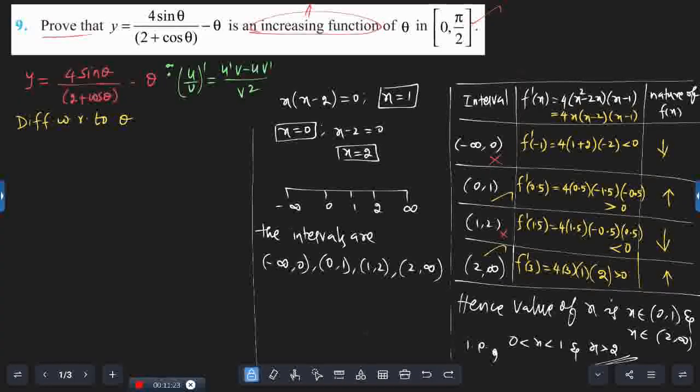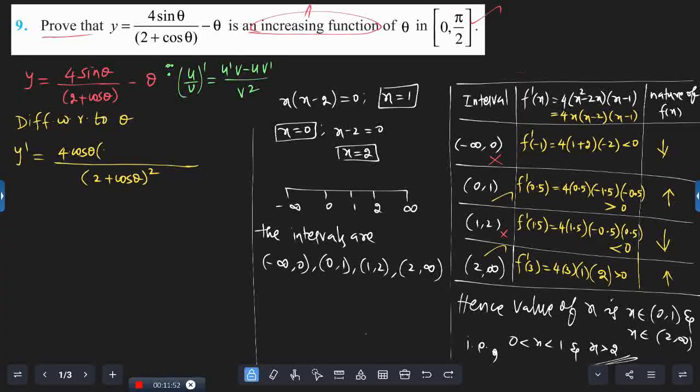Understand? So y dash is equal to, denominator, 2 plus cos theta whole square. Numerator: u dash v. Numerator alone we have to differentiate. 4 let it be as it is. Sin derivative is cos. That is u dash, into v.